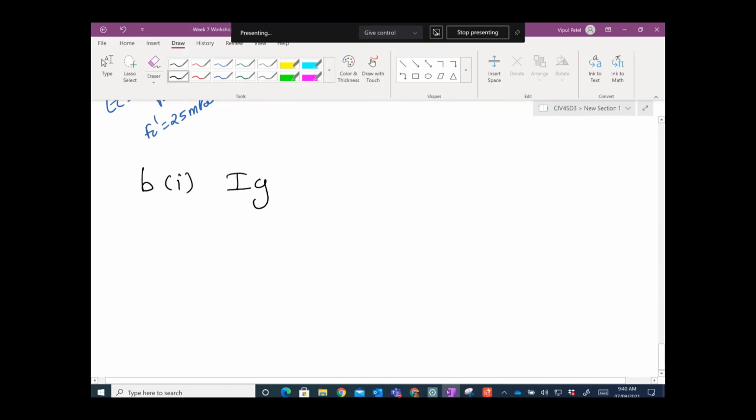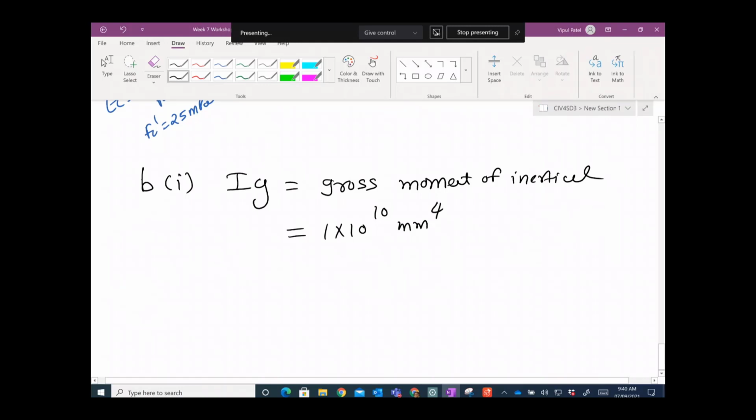B1: calculate Ig, the gross moment of inertia, which we calculated as 1 times 10 to the power 10 millimeter to the power 4. Gross moment of inertia means the whole cross section here, 350 by 700, is effective. There is nothing cracked.